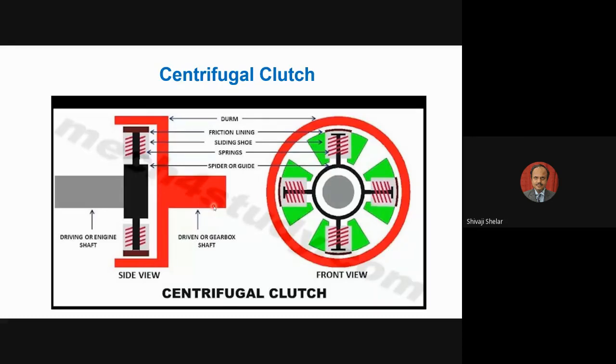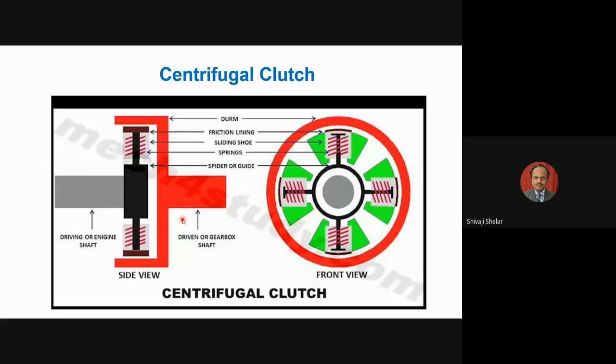Unless we increase the speed of the driver shaft, the engagement will not happen. Here the engagement happens after you increase the input shaft speed, and then the output shaft is automatically connected. But in the earlier cases, the cone clutch and so on, there is already engagement.